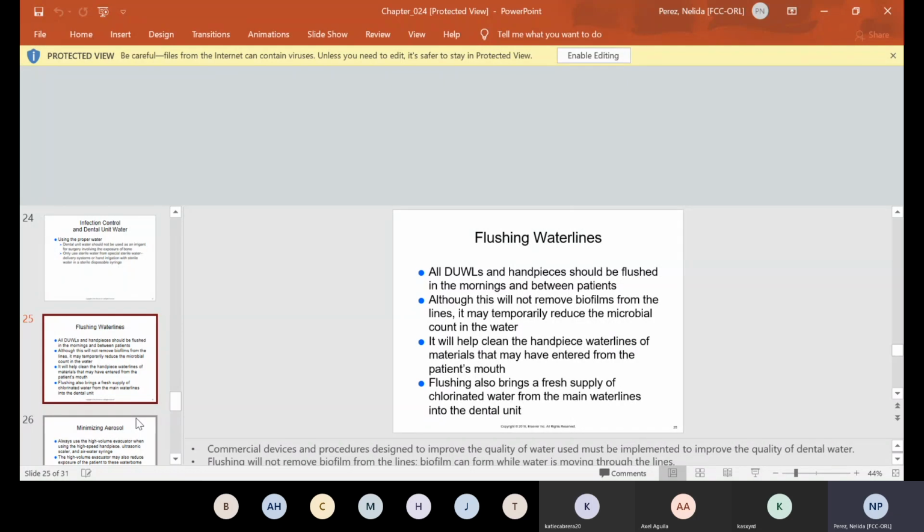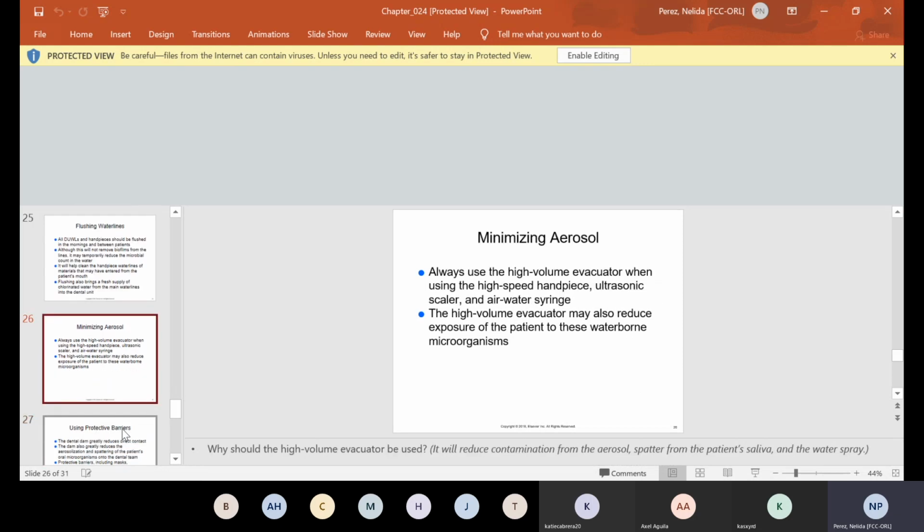Now, although this will not remove biofilms from the line, it may temporarily reduce the microbial count in the water. It will help clean the handpiece water lines of materials that may have entered from the patient's mouth. And flushing also brings a fresh supply of chlorinated water from the main water lines into the dental unit.